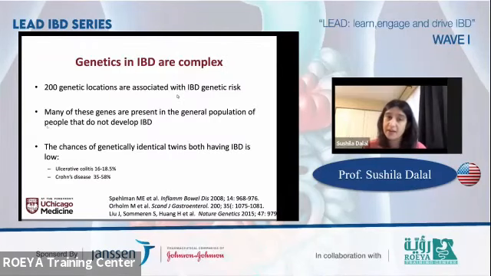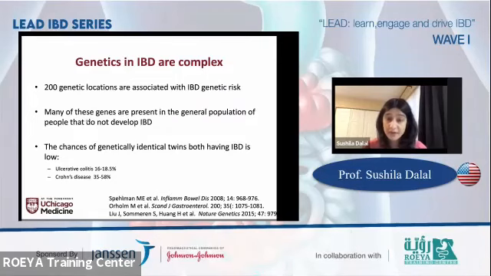Genetics in IBD are complex, so one way we cannot diagnose Crohn's disease is through a gene test. Even if there's multiple family members who have the condition, there's no gene test that can tell us if a patient is going to get Crohn's. There's about 200 genetic locations that are associated with IBD genetic risk.